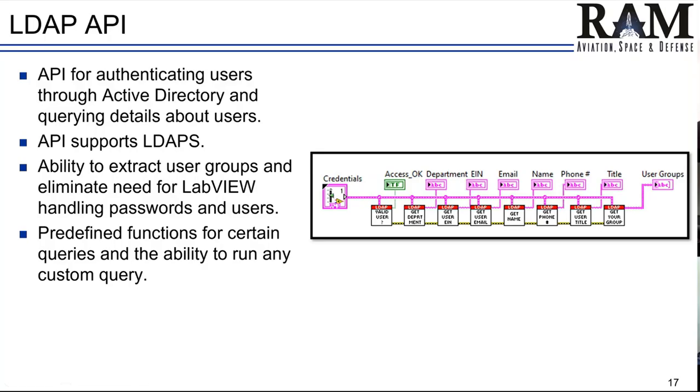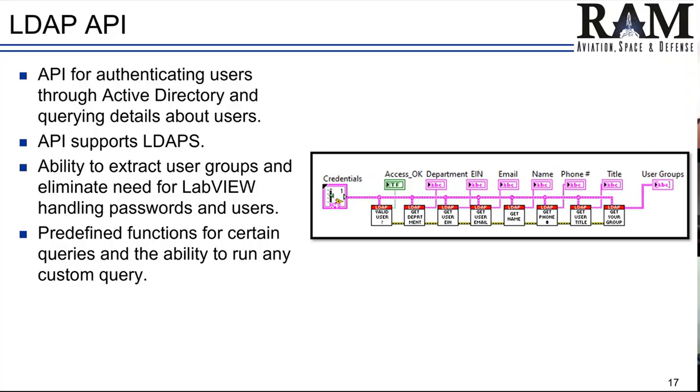The way your Active Directory at your organization is storing information is going to vary based on your IT team and how they set it up, but a lot of these are very universal things that should work. It also allows you to execute arbitrary queries too.